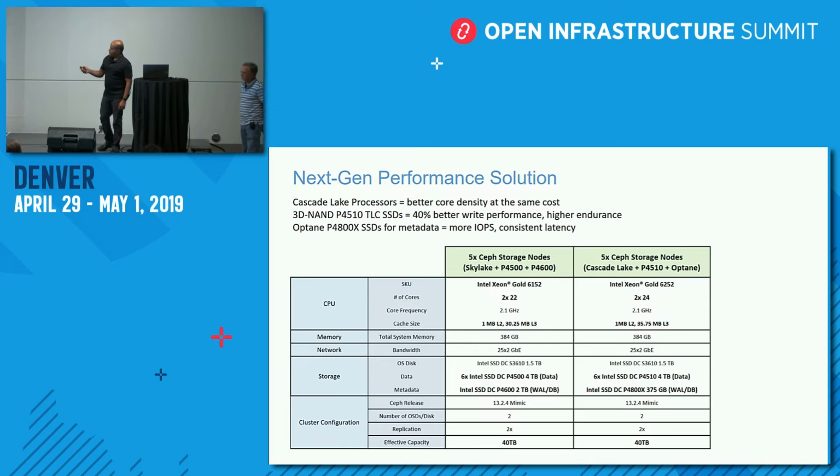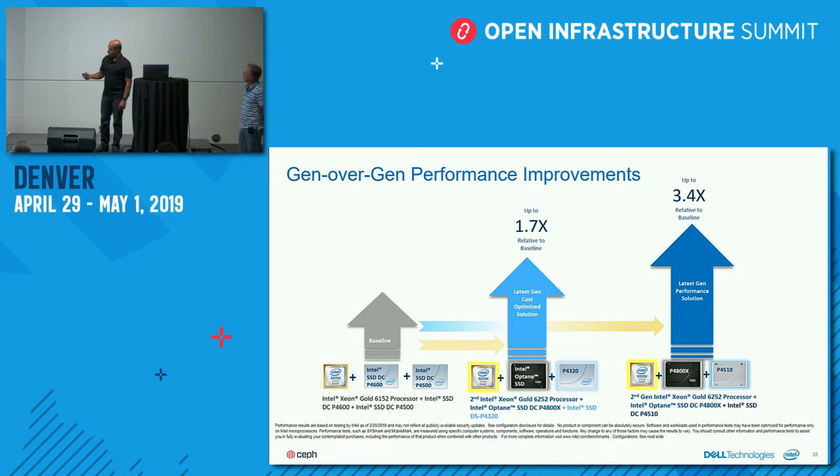The performance version of this solution would use not the QLC but the newest generation TLC SSDs paired with Optane. The rest of the recipe remains the same. So how does this look in terms of performance?